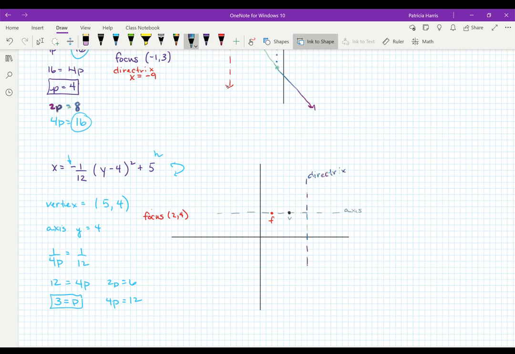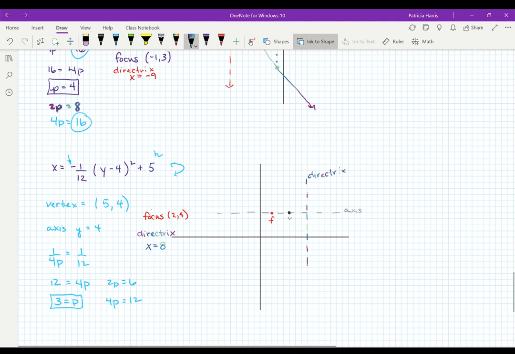It's at x equals 5 plus 3, that's 8. Okay, now we're ready to graph our parabola.